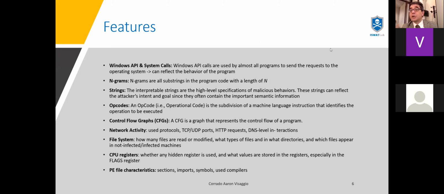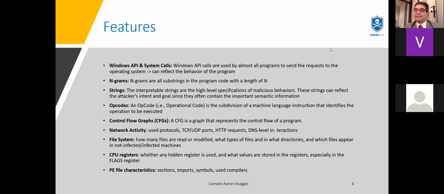Till now, which are the features that we extract from malware for machine learning classification? Basically, we have a lot of features, really a lot. And as we will discuss later, this huge number of features entails another problem, the so-called curse of dimensionality. That means that we have to consider hundreds of features in order to classify malware.